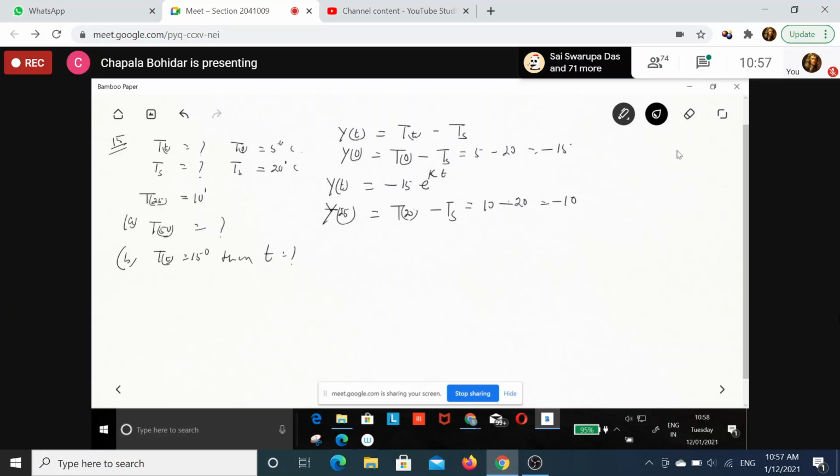Clear? So y of 25 is minus 10 degrees centigrade. So I can write y of 25 equal to minus 10 is equal to minus 15 e to the power kt. Check whether I am correct or not. You check it.